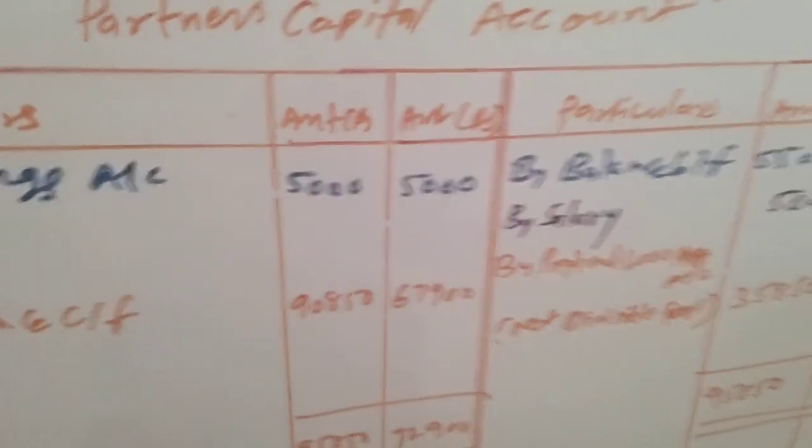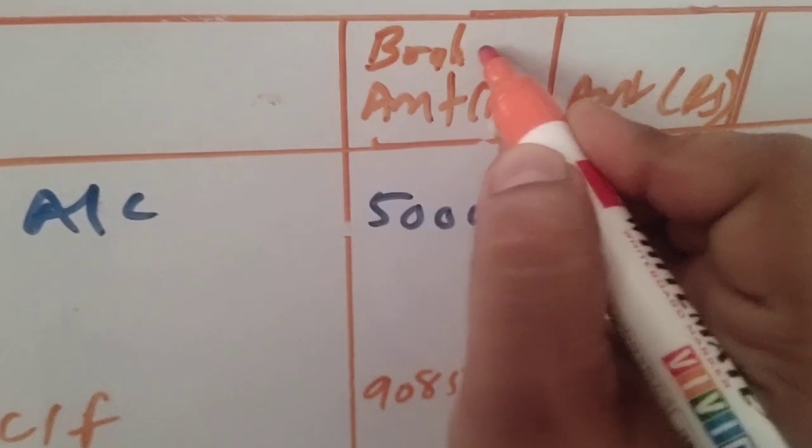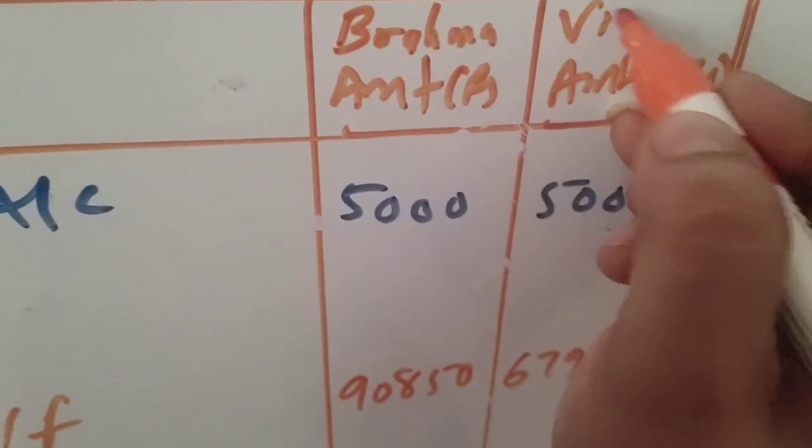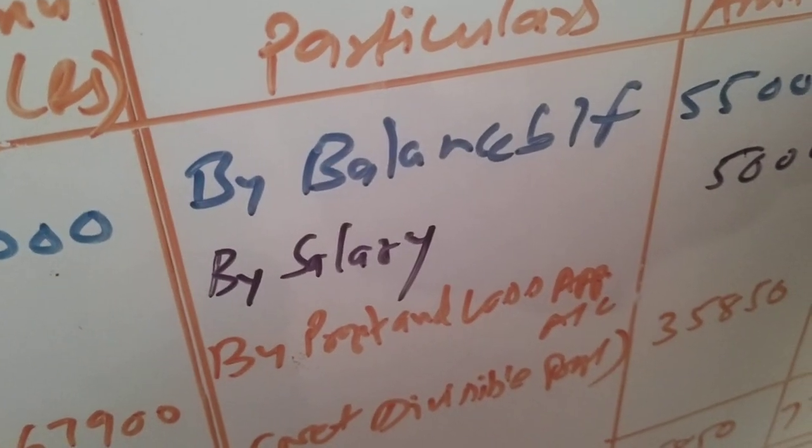These two columns are of those partners, Brahma, Vishnu, Brahma, Vishnu.